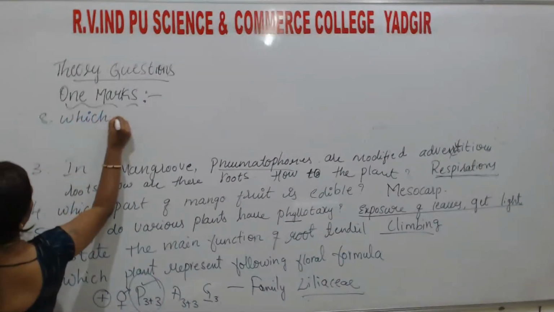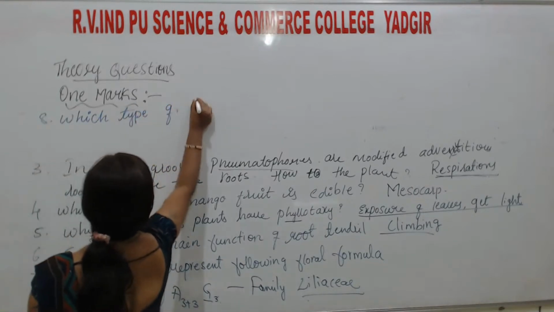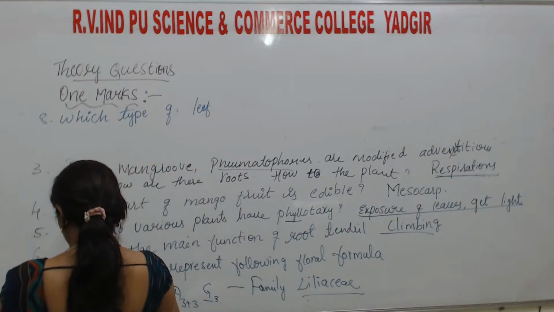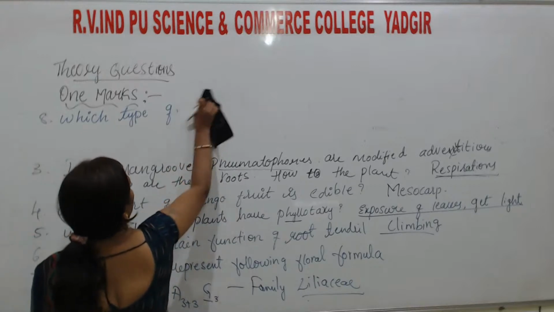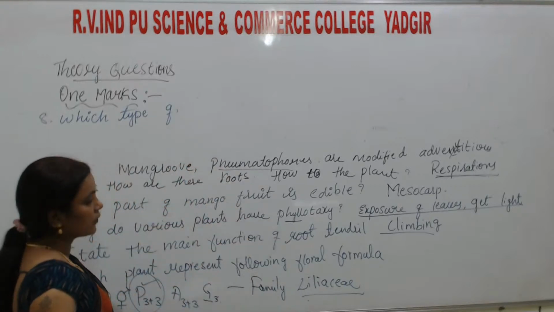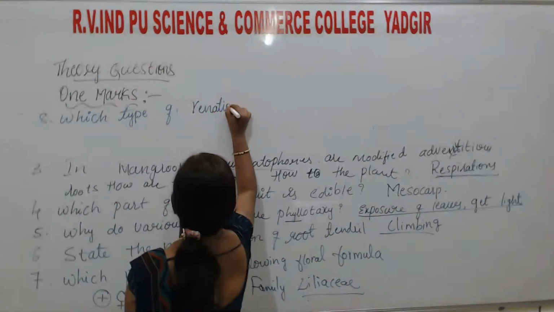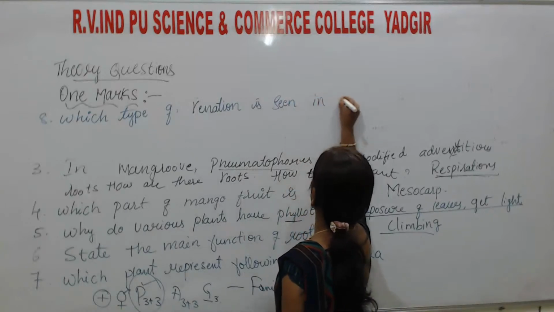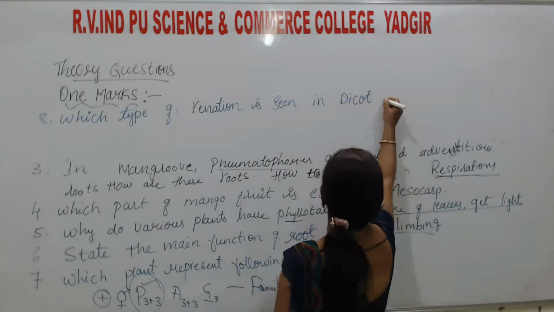Which type of venation is seen in a dicot leaf?